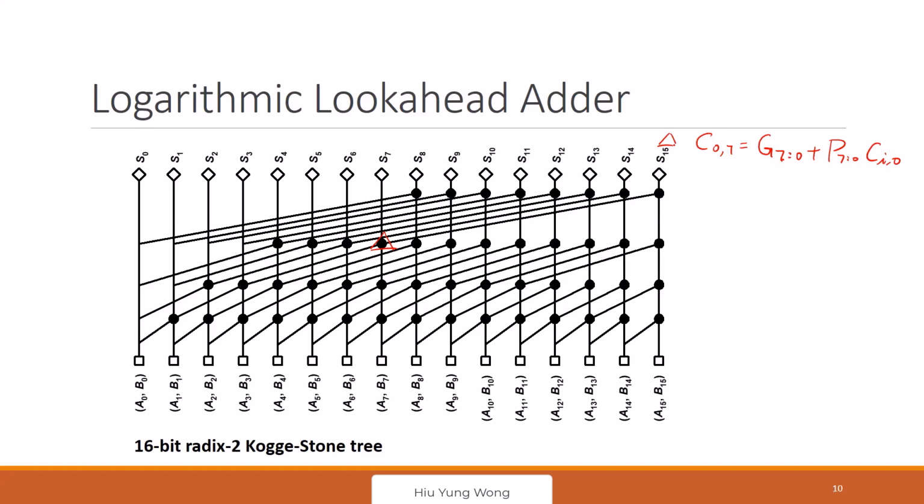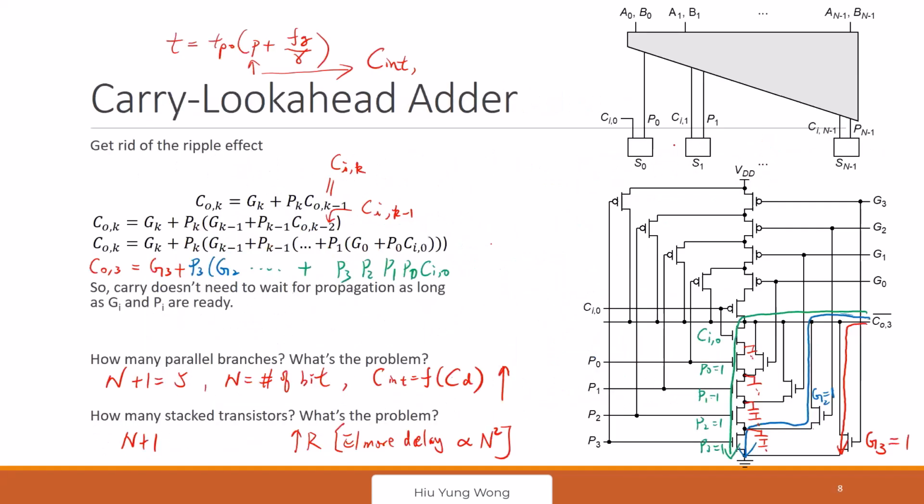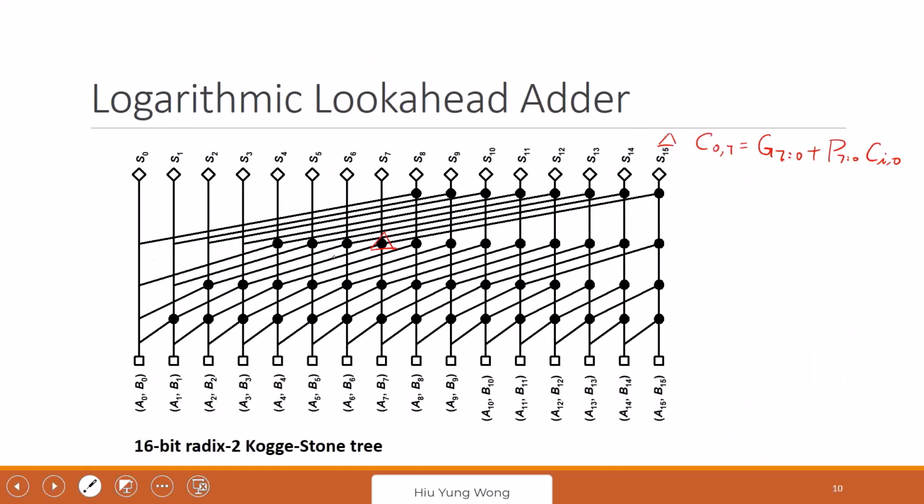But instead of keep doing this, we are going to use the so-called logarithmic carry lookahead. We will decompose them. So here we ask ourselves, what is G70?